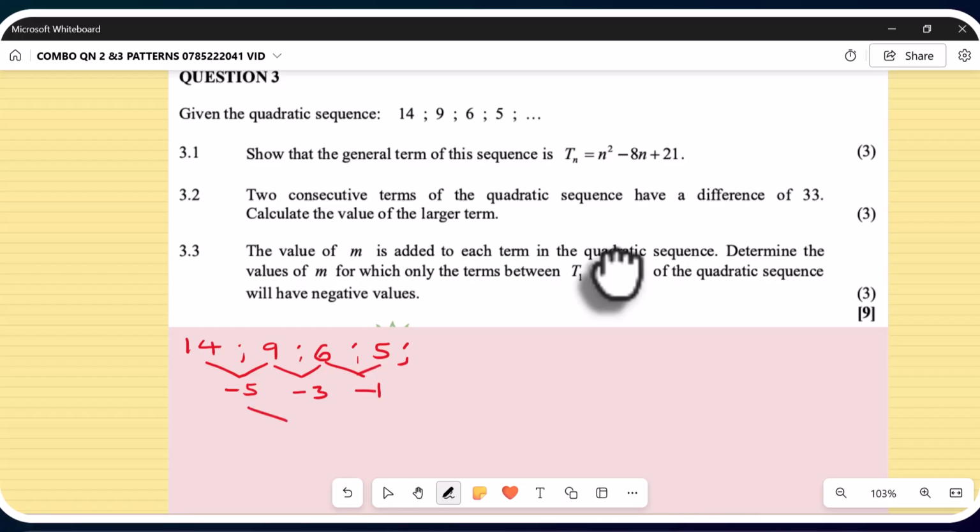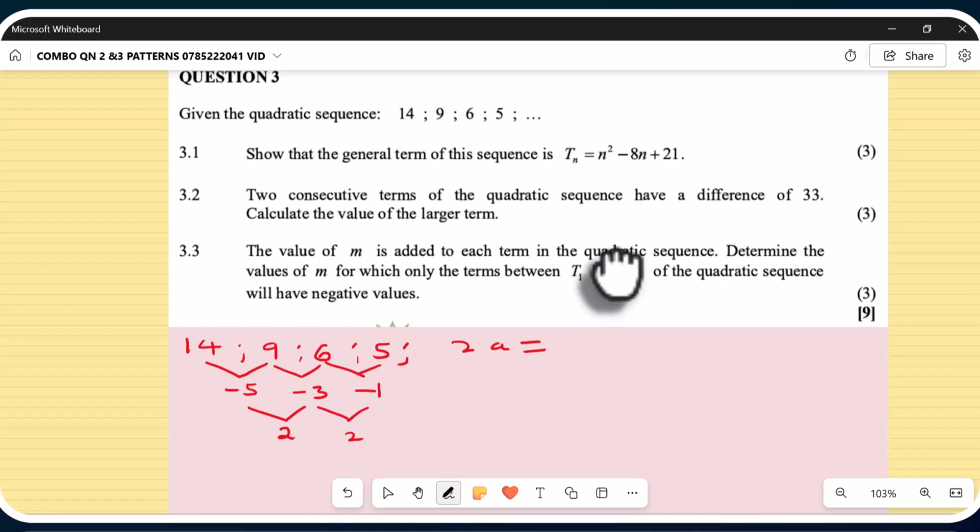Because they gave us the difference, which is 33, you can see it here, we're going to come here and find our n minus 1.